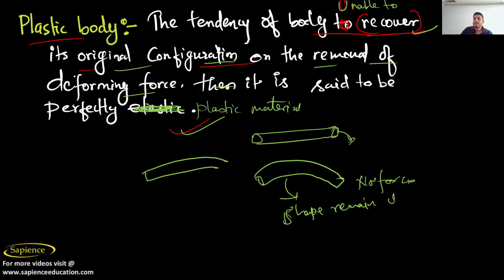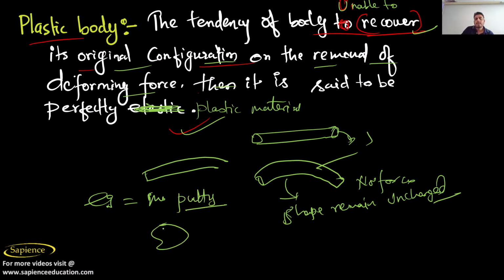It means that these are perfectly plastic bodies. For example, you can take solid mud or dough or putty. If you take putty and change the shape, it won't regain its original shape. So this type of thing is known as a plastic body.